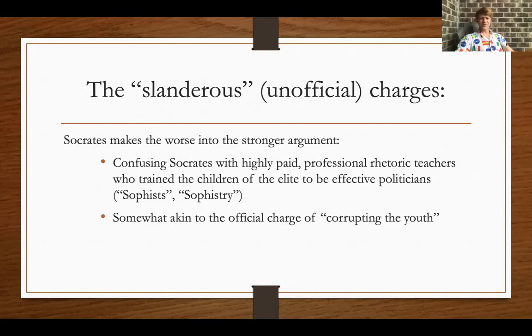Okay, so this seems to be related to this idea that he's corrupting the youth, right? He's being accused of being a person that goes in and teaches children certain things, and at the same time, he's officially being charged with corrupting the youth. So there seems to be some overlap. So when Socrates says that these things are slanderous, it seems like he's also got to say that these official charges are also slanderous.